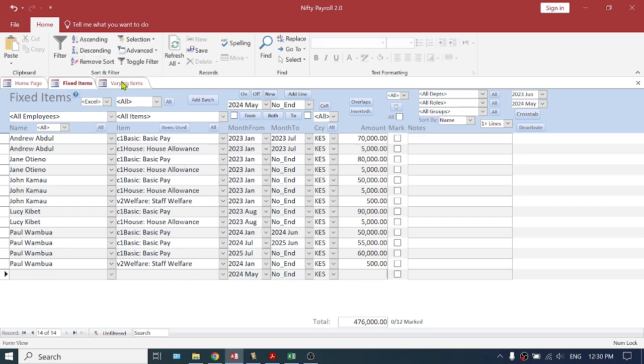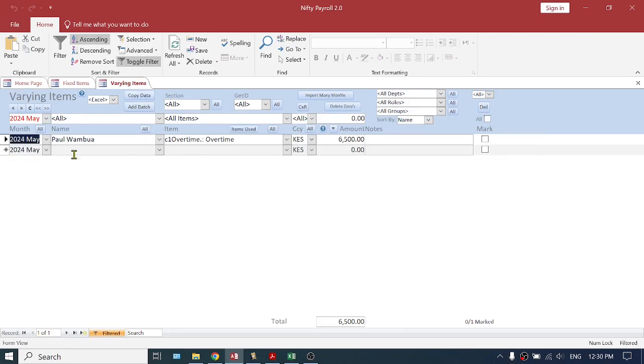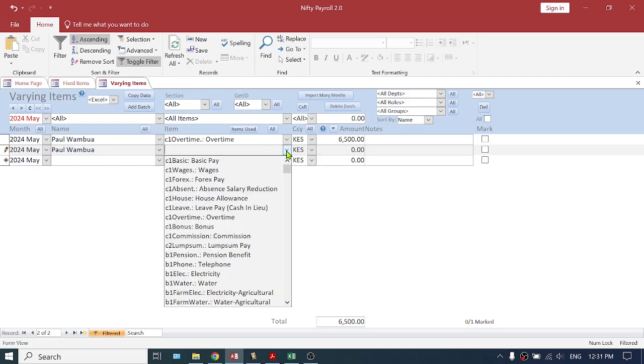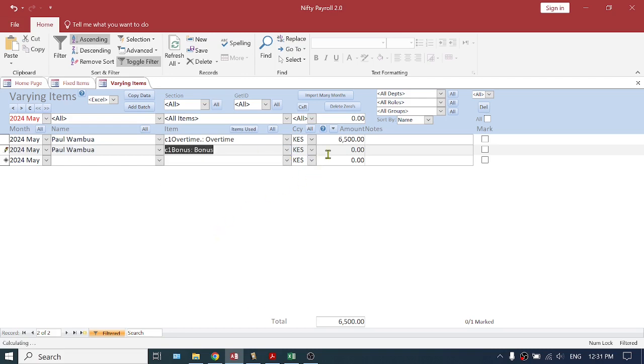Now what about varying items? For varying items, I use this to pick figures that only appear once in a while, like a bonus. Let's say I want to pay a bonus in May. So let's see, where's bonus? Take here bonus. Say I want to pay a bonus of 10,000. Things like bonuses, we don't pay regularly.